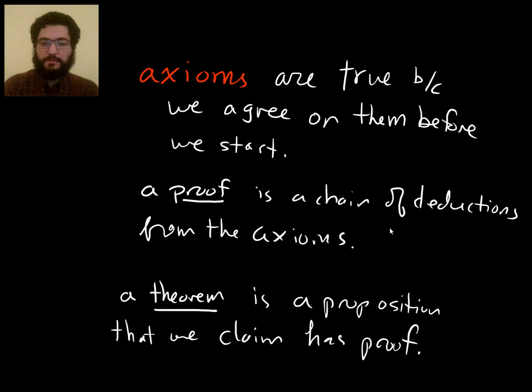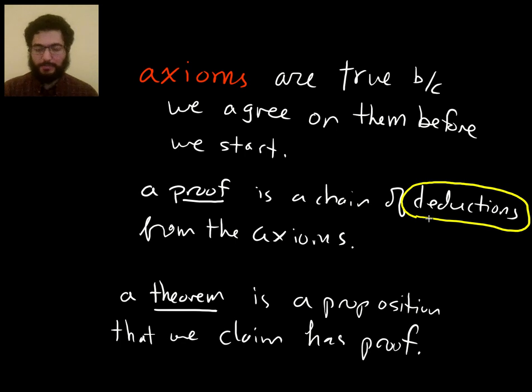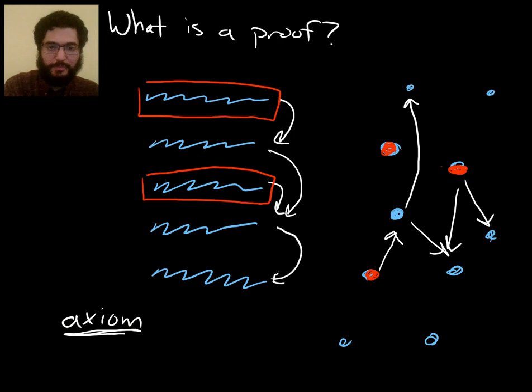So one thing I have not been very clear on is what is this deduction thing? It's supposed to be a way of going from one approved proposition, one proposition that we've accepted as proven, to another proposition that we accept. So deduction is kind of represented in this earlier diagram by these arrows.